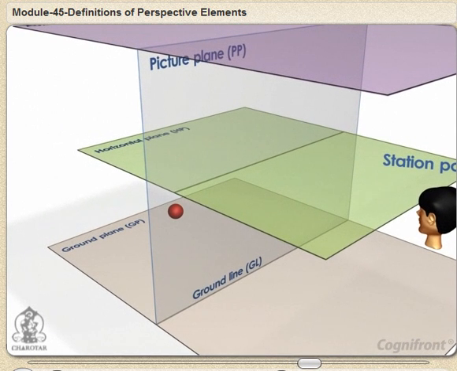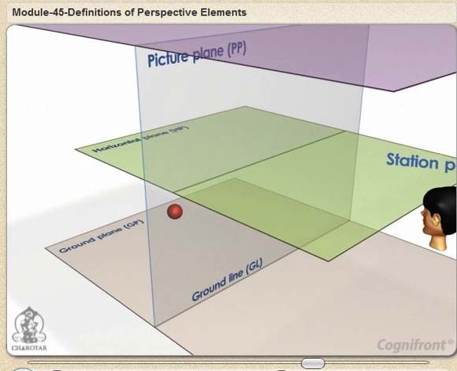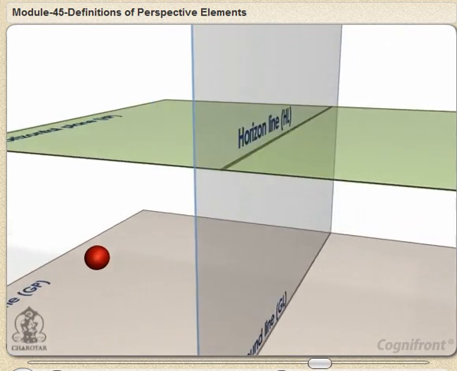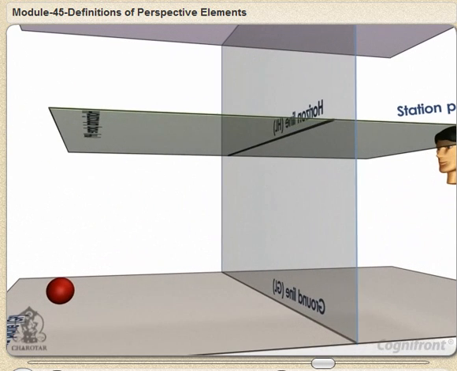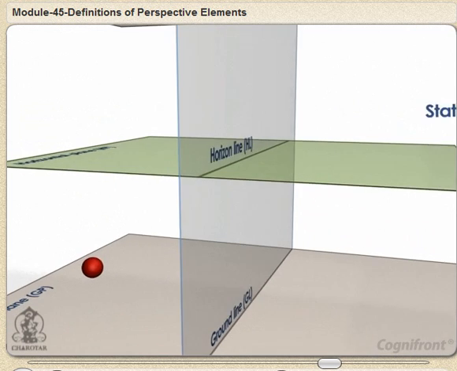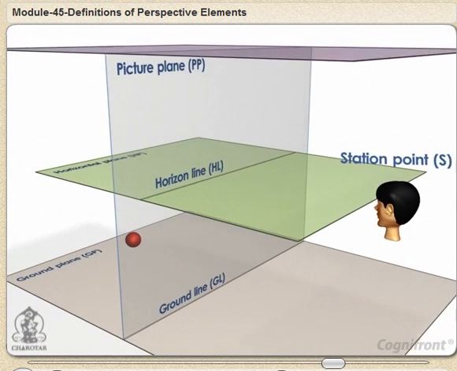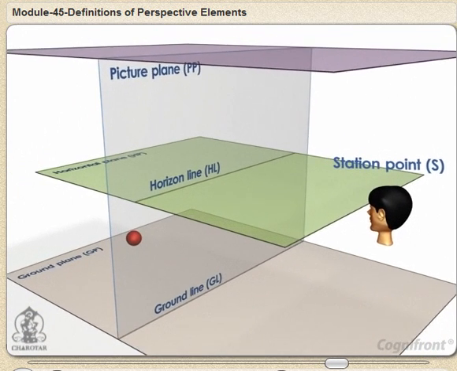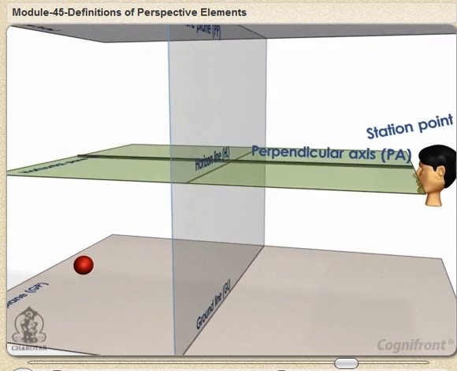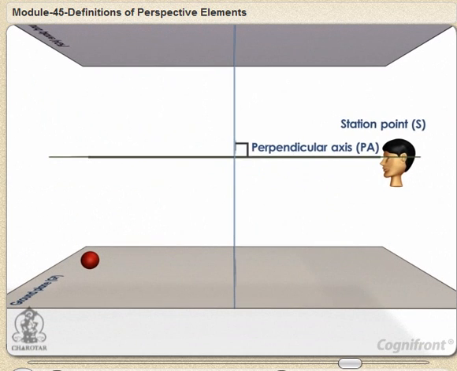Horizon line HL. It is the line in which the horizon plane intersects the picture plane. It is parallel to the ground line. Perpendicular axis PA. It is the line drawn through the station point perpendicular to the picture plane.